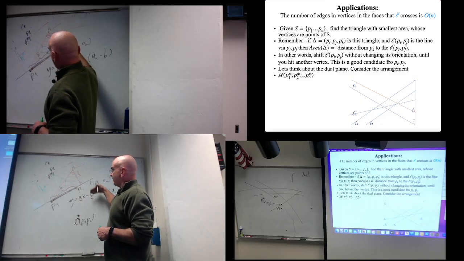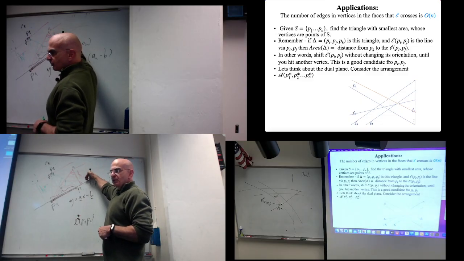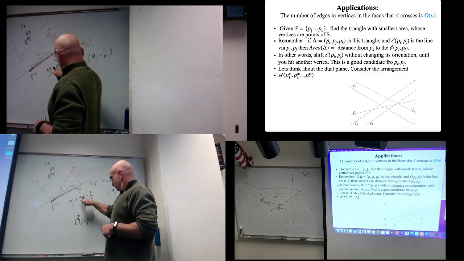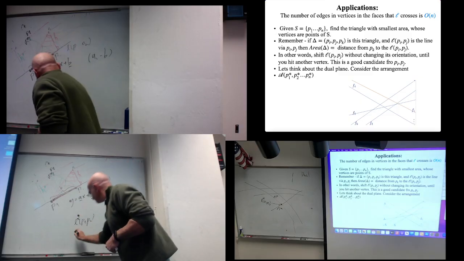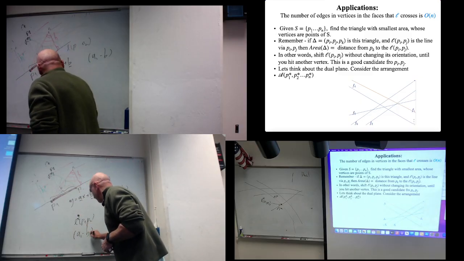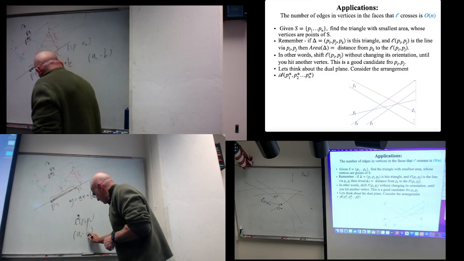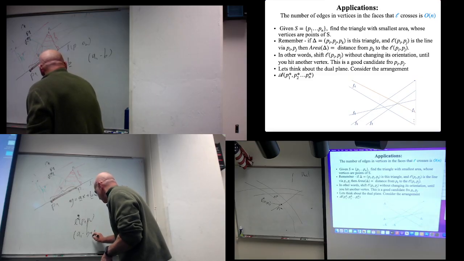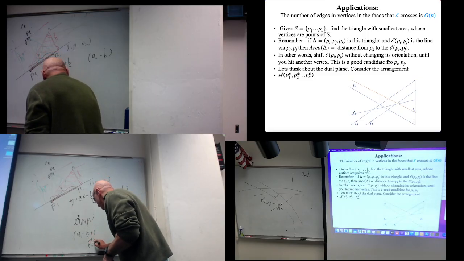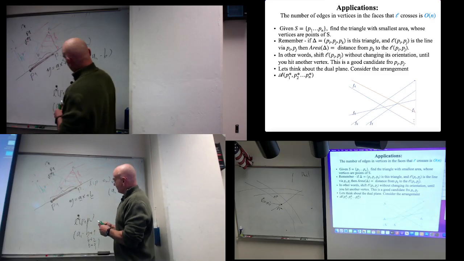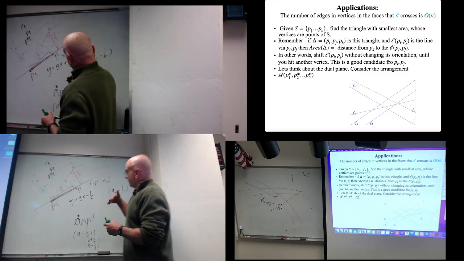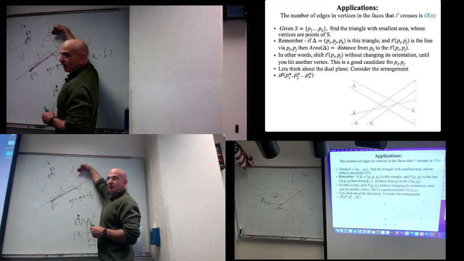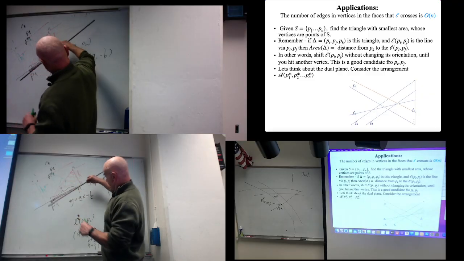And now I'm starting to shift the line without changing its orientation. A stays the same. The coordinates of this point, by the way, are, as we said, a and minus b. And now I start to increase b. So instead of writing b, I'll write b plus 1, or b plus 2, or b plus 3. As I'm starting to increase b, this line in the primal is moved parallel to itself.